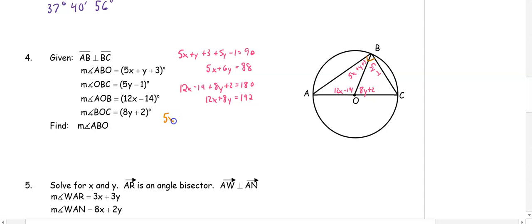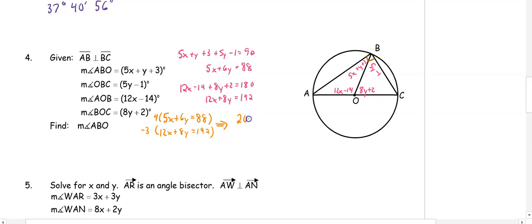So we have 5x plus 6y equals 88, and we have 12x plus 8y equals 192. In order to solve, we can multiply the top equation by 4 and the bottom equation by -3. So we can eliminate our y's.